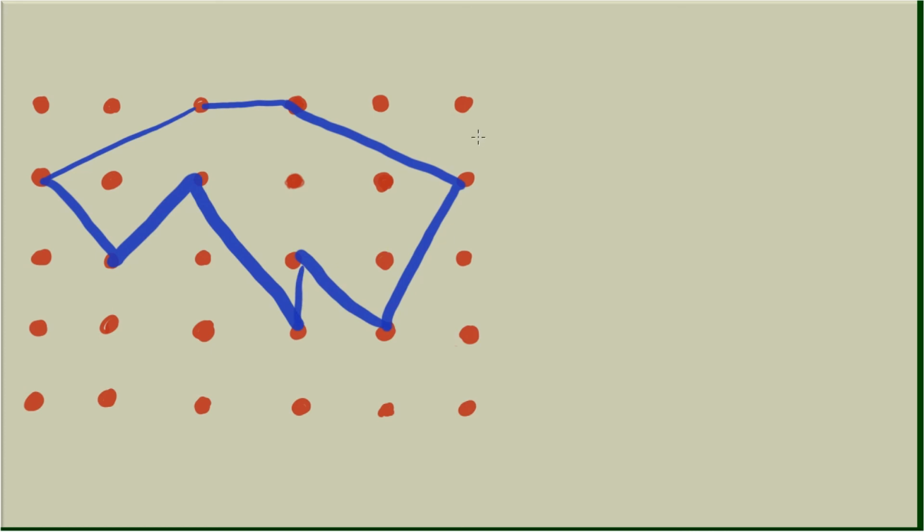All right, so this is a weird irregular shape, and it's really a perfect, ideal situation for Pick's rule to be used. So we have the boundary points divided by 2 plus interior minus 1.